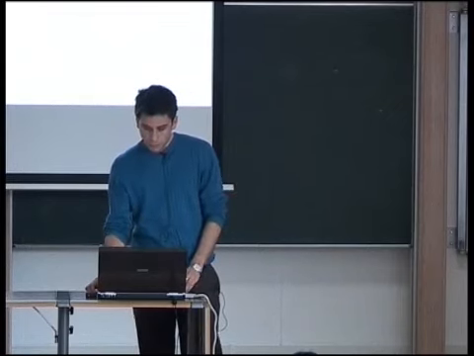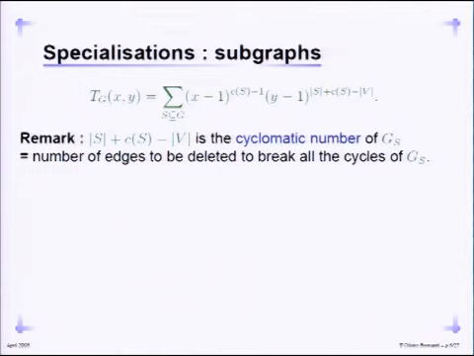And maybe so this Tutte polynomial is very important in graph invariants, because it contains a lot of enumerative information about the graph. And we can first see some of them in terms of subgraphs. So maybe first I should make a remark on what is the exponent of y minus 1.